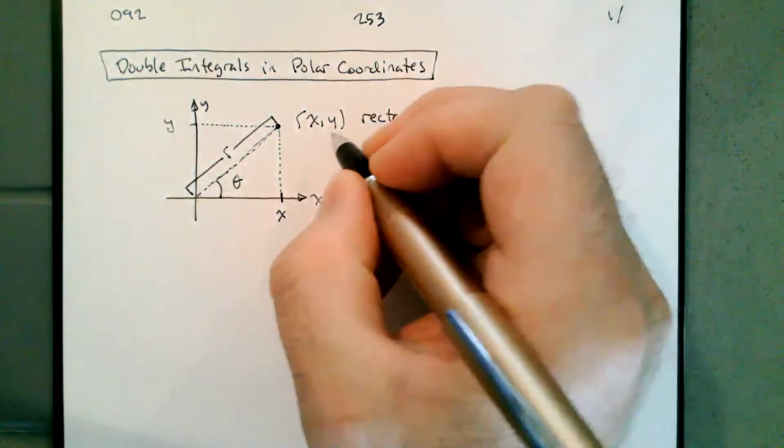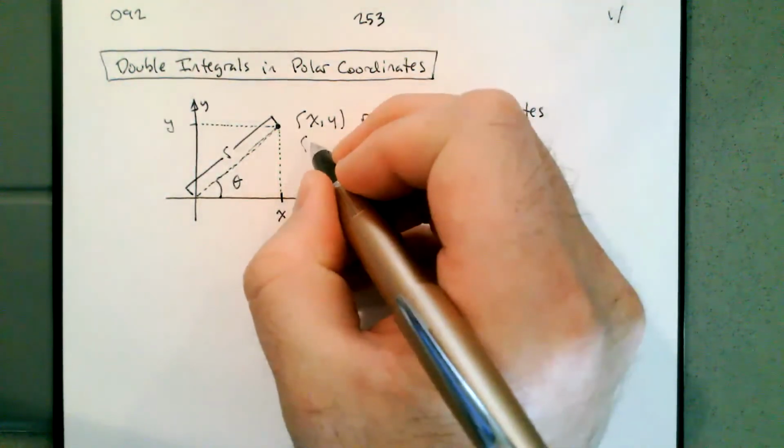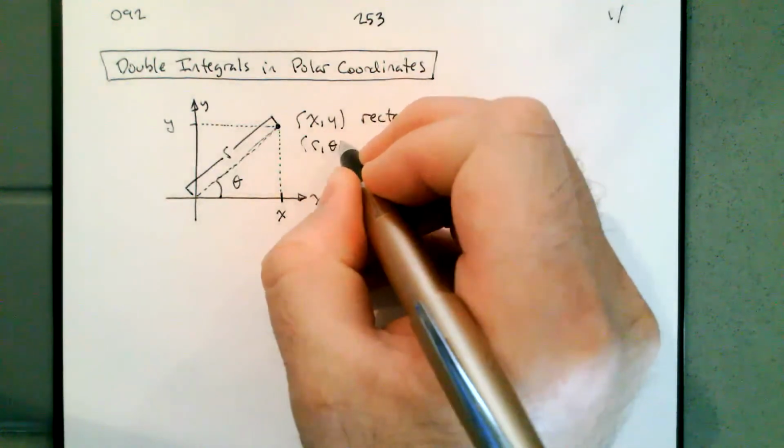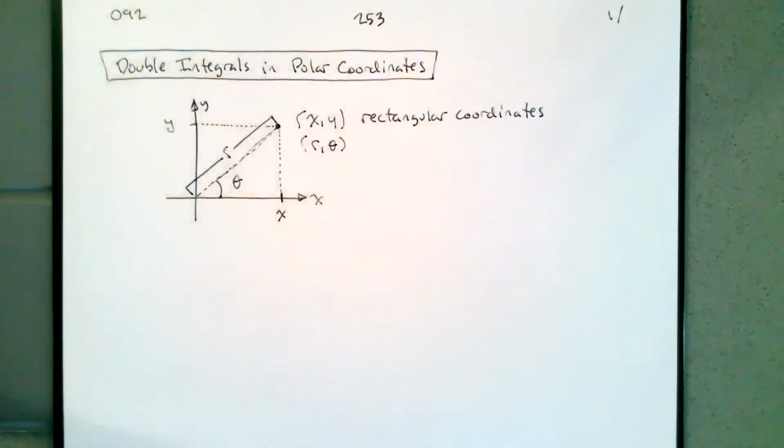So these coordinates could also be the points r and theta. It's R2, so we need two coordinates. But in this case, only one of them is a distance, the other one is an angle.